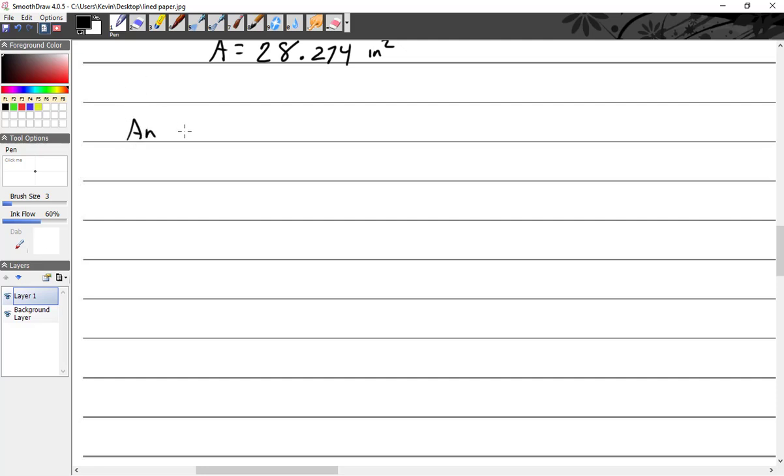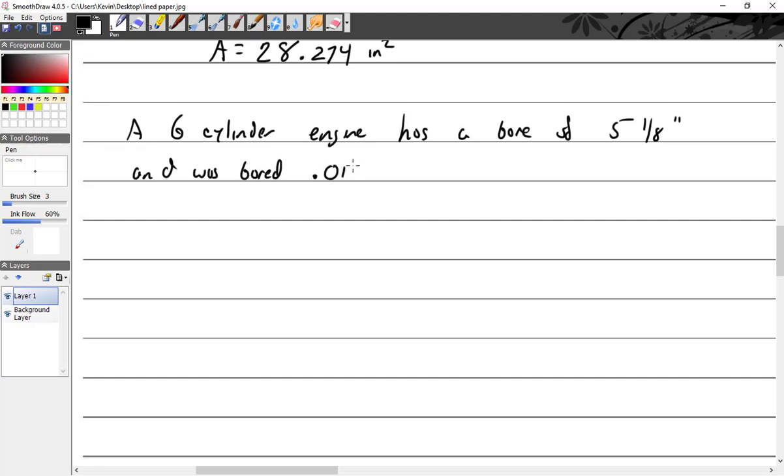An engine, let's be more specific: a Cessna 150 has a bore of 5 1/8 inches, and was bored 0.010 oversize.